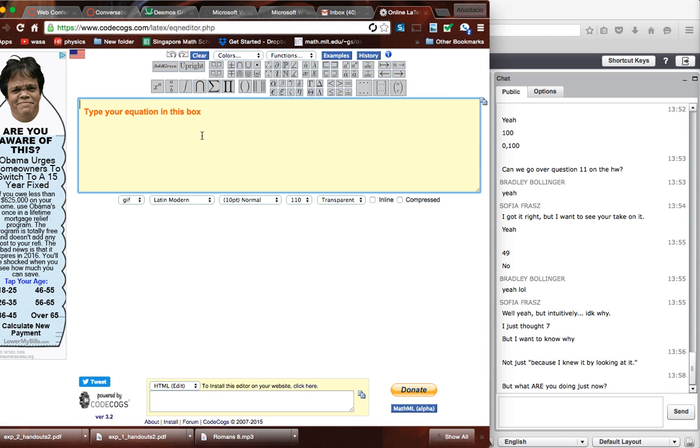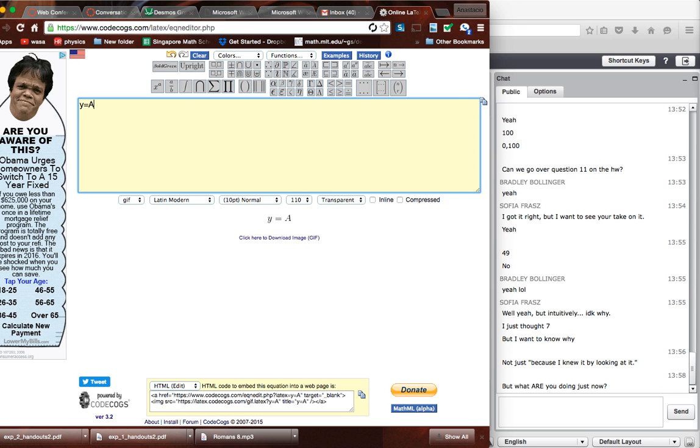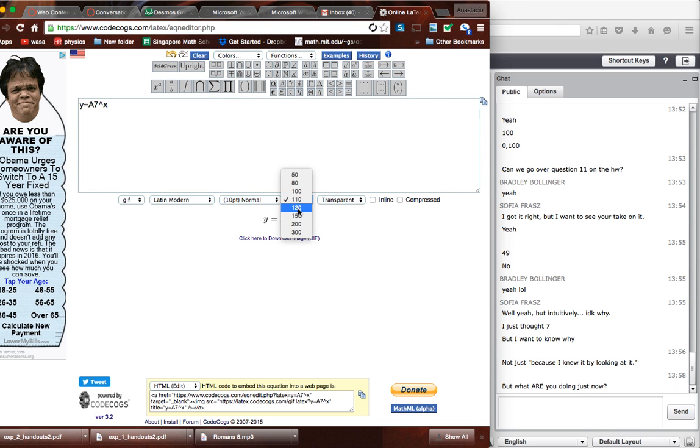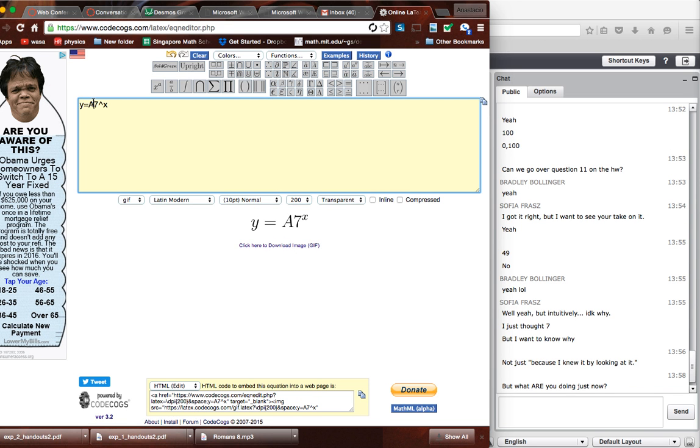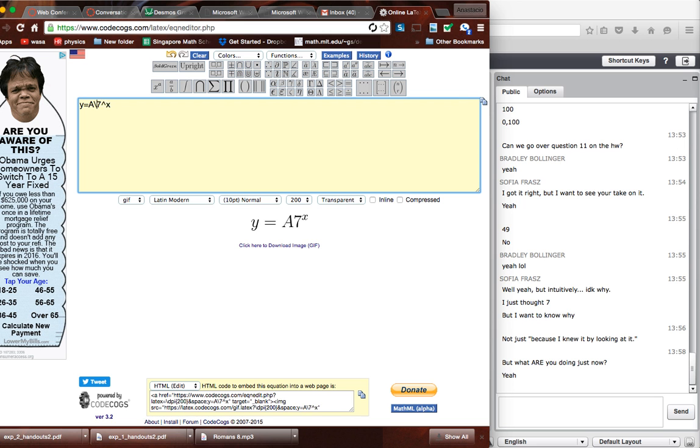All right, here's what I'm saying. Y is equal to A times 7 to the x power. Cool? Can you guys see that? A times 7 to the x power.